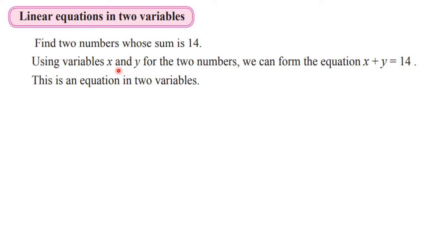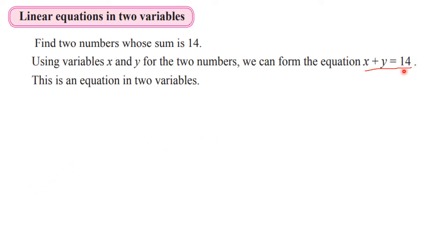By using the given information, we can frame the equation as x plus y is equal to 14. This equation is formed by using the condition: the sum is 14, that means x plus y is 14.